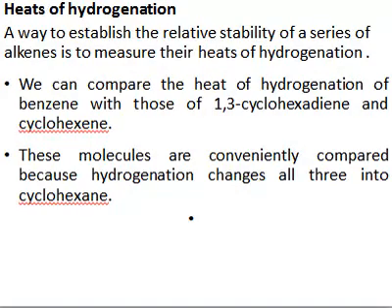Here we are imagining that benzene is cyclohexatriene, so in this calculation we assume the structure of benzene is the same as cyclohexatriene. Why are we choosing cyclohexadiene or cyclohexene? Because all of these molecules, when they undergo hydrogenation, will form the same product, that is cyclohexane.